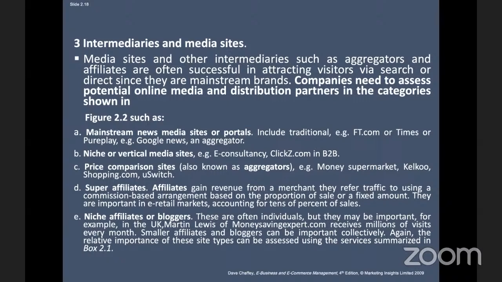New media sites or portals include traditional, for example ft.com or Times, or pure play, for example Google News, and aggregators. Niche or vertical media sites, for example e-consultancy, clickz.com in B2B. Price comparison sites, also known as aggregators, for example MoneySupermarket, Kelkoo, shopping.com, uSwitch, and then the super affiliates.